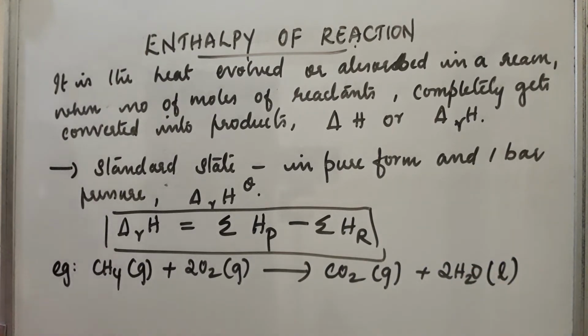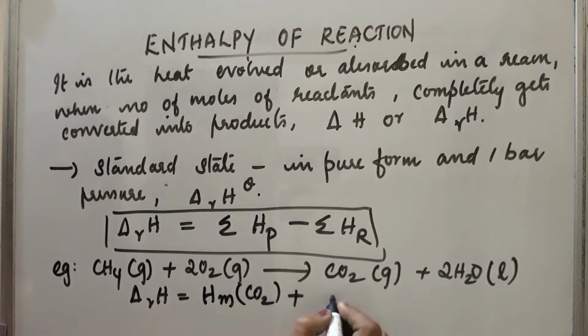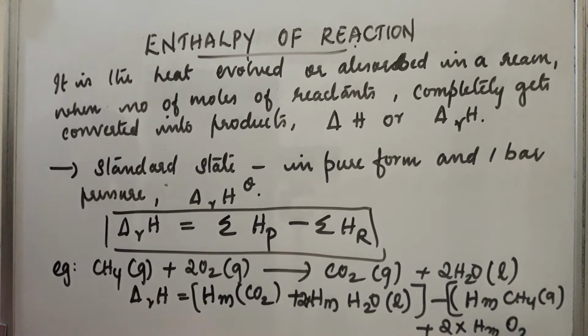In this reaction, delta H of R will be equal to the sum of the enthalpies of the products, so the molar enthalpy of carbon dioxide plus 2 into the molar enthalpy of H2O, minus the sum of enthalpies of CH4 gas plus 2 into the enthalpy of oxygen gas.